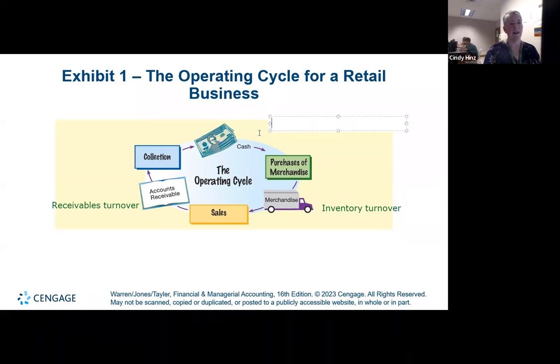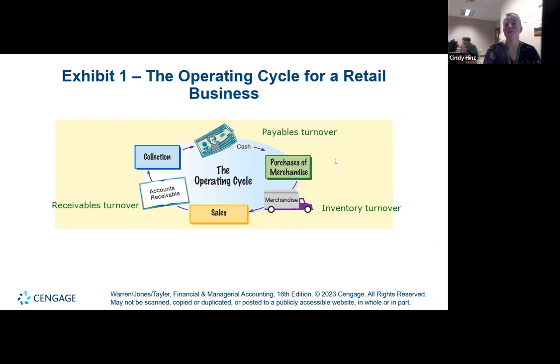And I'm just going to stick that up here because that's the piece that's really not reflected in this diagram. But it's actually more likely that we buy on credit from our suppliers than that we allow our customers to buy on credit. The bigger you are, the more likely you are to buy on credit. And so the way we measure that time lag is payables turnover.